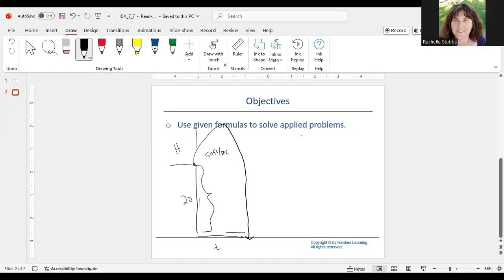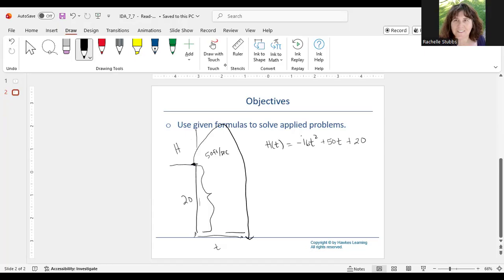Let's do h of t, height based on the time, okay? So this is h, this is t. And we know that gravity is going to be pulling on it at that. That's a given. We know that that's happening. We also know that we actually launched that at 50 feet per second, but we don't know how many seconds are going to be happening. And what was the height that we started at? We didn't start at ground level, did we? We started at 20 feet off the ground. And so that is our equation that we're going to do.